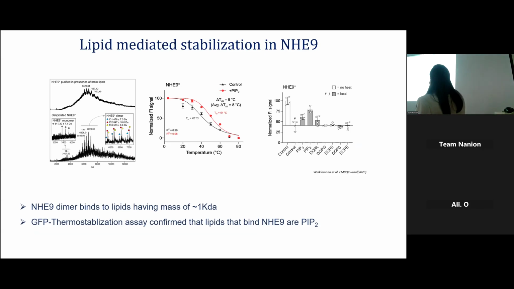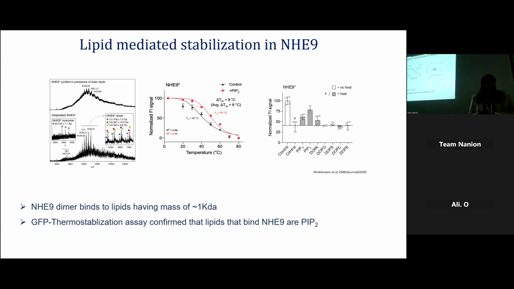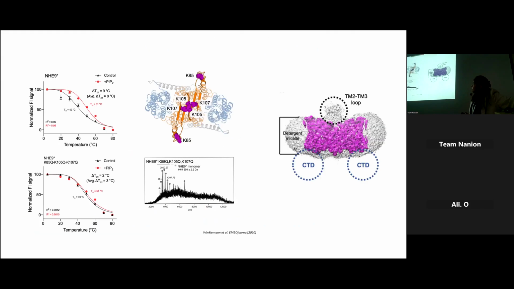In this thermostability assay, we tested different lipids, and we found that it was mostly stabilized by PIP2 and PIP3, and somewhat by PA. So we were trying to get a structure of NHE9 with PIP2, but we were unsuccessful with that. So we wanted to see where this PIP2 really binds.